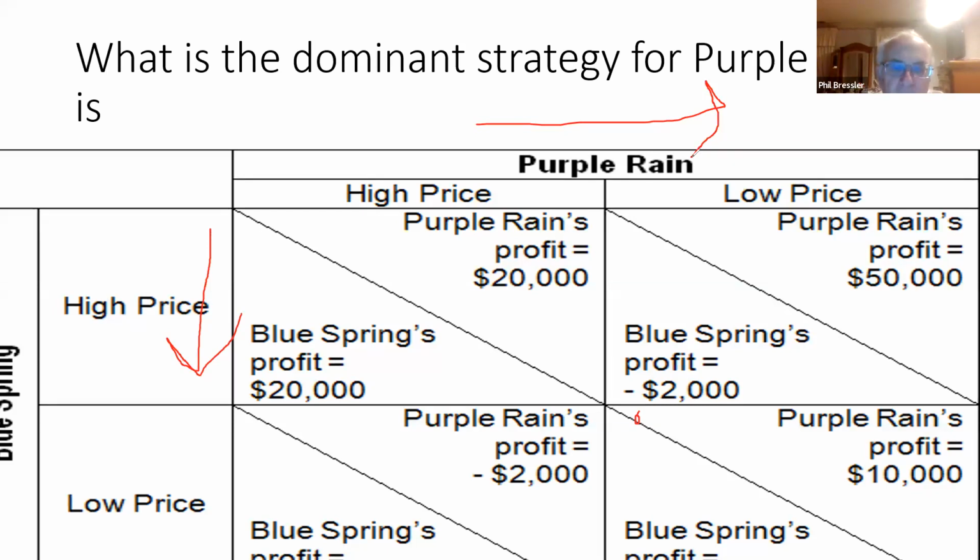So I'm going down. I'm going to look at Blue Spring. You can't see the Blue Spring's profit, but I would look down and, 20,000 compared to this, you'd have to decide what Blue Spring would do, 2,000 compared to this. And then you're looking across for Purple Rain.